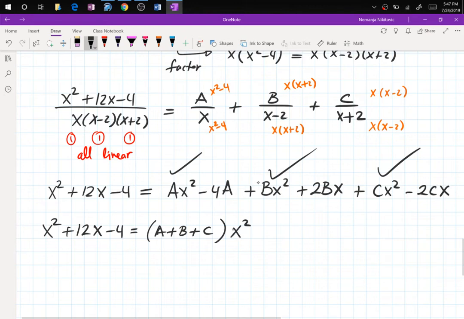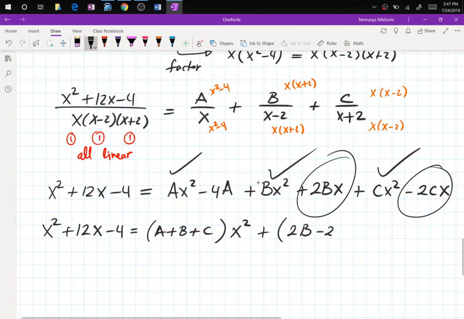Are we all bueno on that? Good. Then this term and this term are all with a single x, so that's going to be 2B minus 2C times single x. And finally, you just have negative 4A at the end.